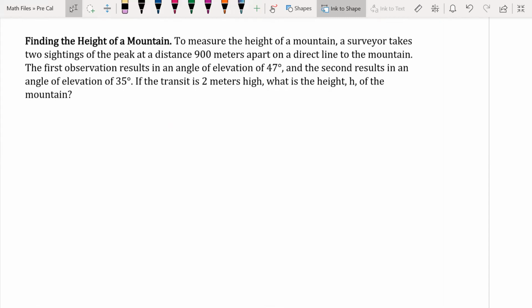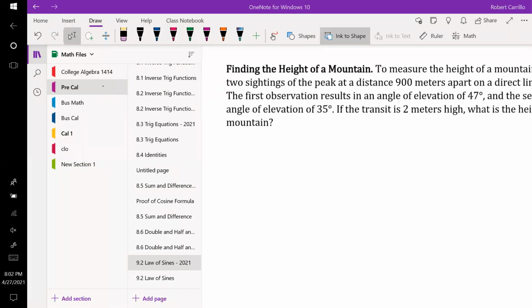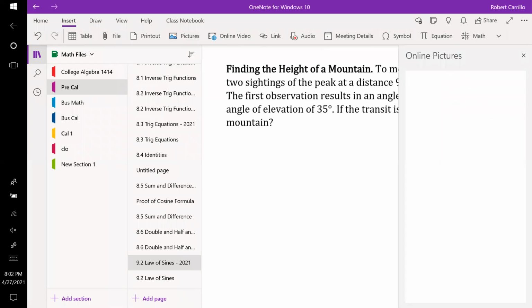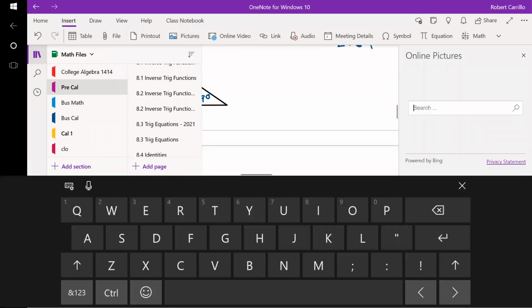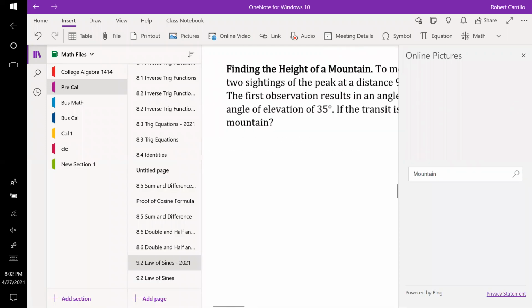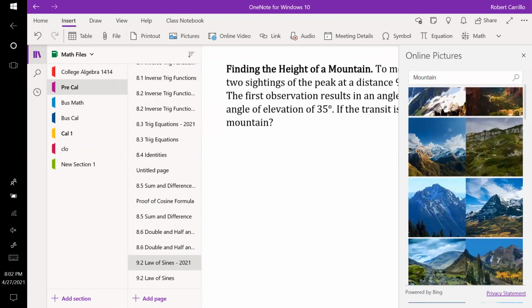All right. Let me see something. I'm going to hide this. Insert picture from online. And I want the picture of a mountain instead of drawing one. Guy taking a picture. But you're such a great artist. I know.